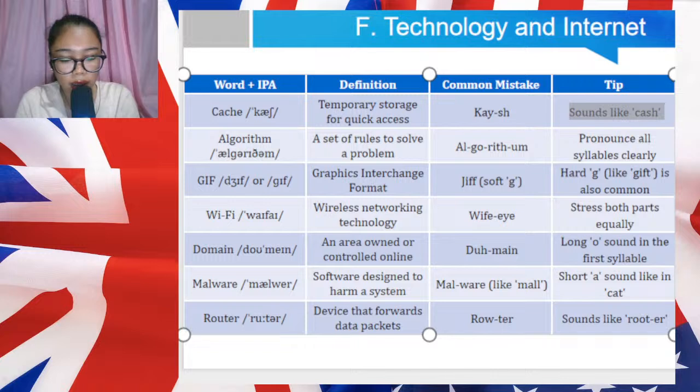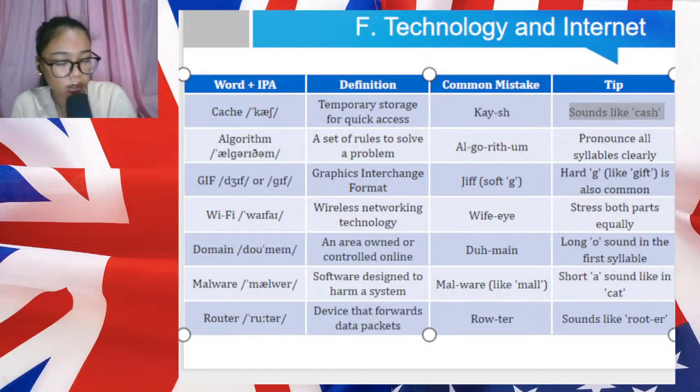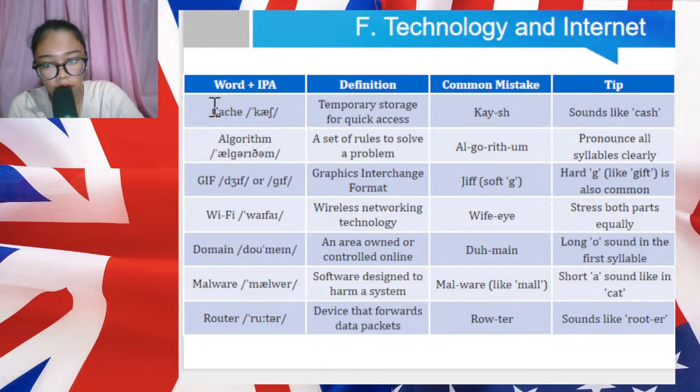There is a short vowel sound there, like cash, bad, cat, something like that. These letters, s-h, are pronounced as sh. That's how you pronounce the word. It's only one syllable, but when you try to add the ending sound, it should be cash.